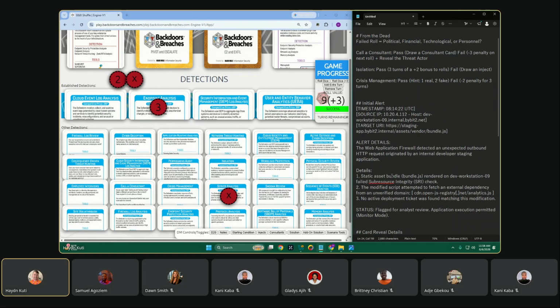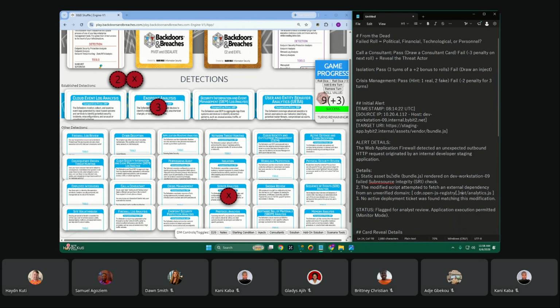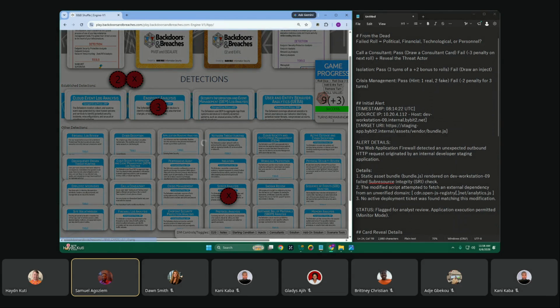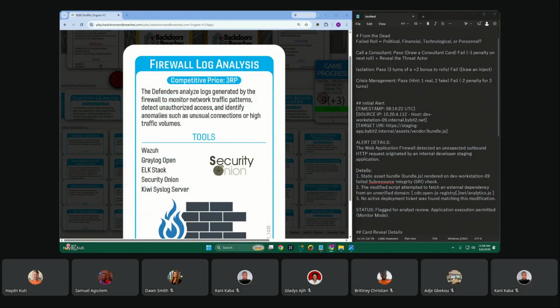All right, you guys got 3 turns left and 2 cards remaining. Yeah, I wanted to say that we could also check firewall log analysis. I don't know if you guys will support. Don, what do you think? Tony and Brittany, what do you think?